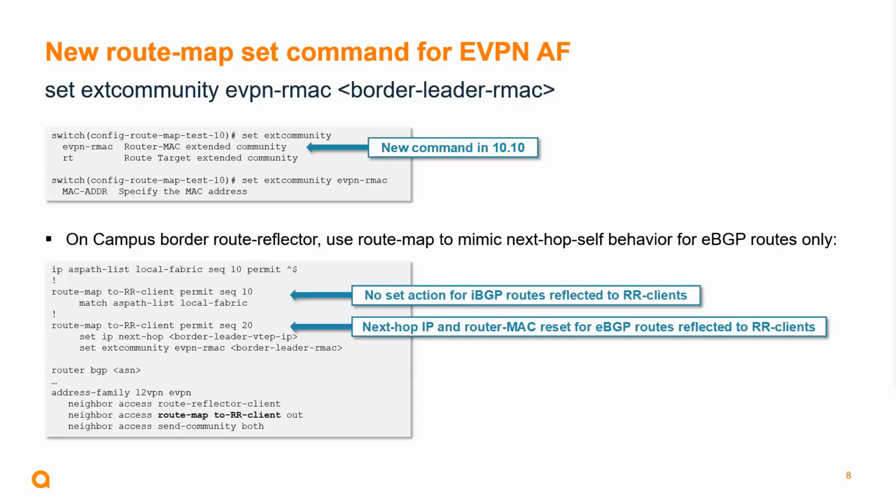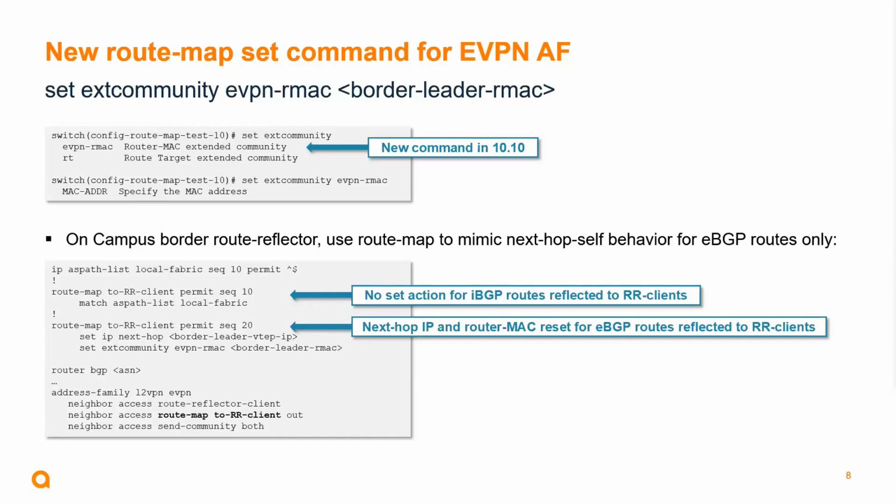This explains how that solution is articulated in 10.10. Typically on the campus border that is a route-reflector, which is the use case I explained in the topology, we are going to use a route map to mimic the Next-Hop-Self behavior for EBGP routes only. Remember, Next-Hop-Self as of now is resetting EBGP and IBGP routes.